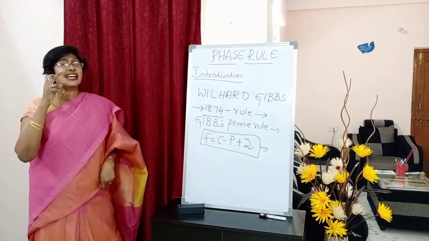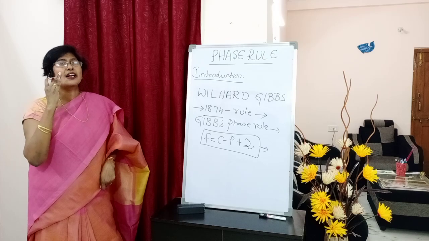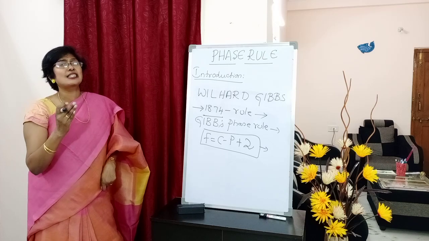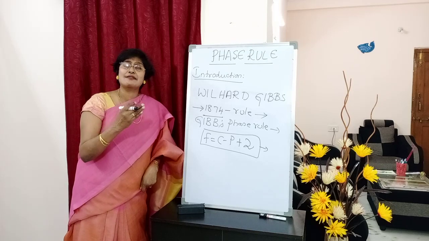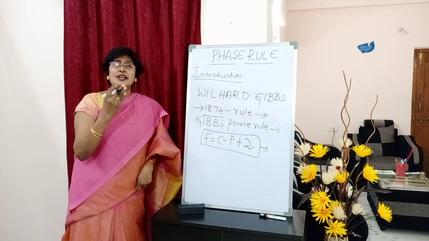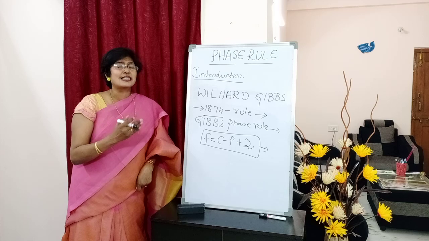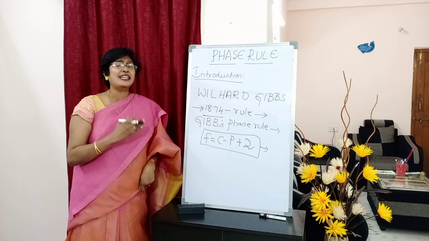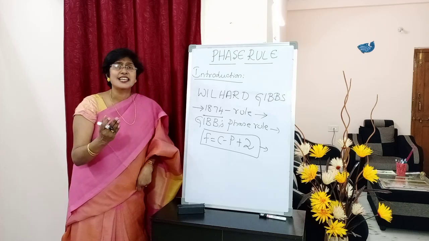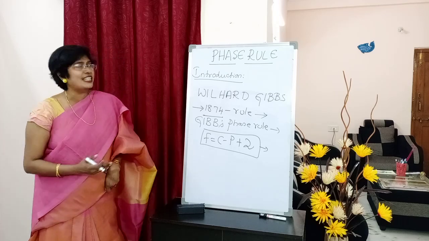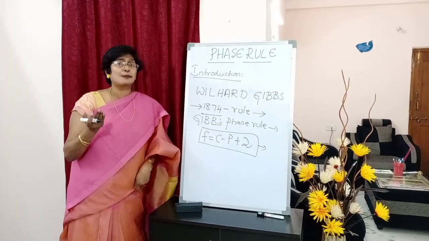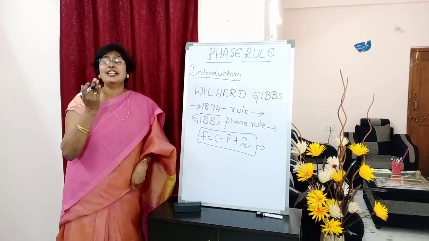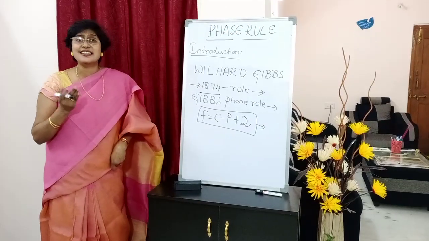Okay, students, I started with the system. What a system is. If it consists of one phase, what is it called? If it consists of more than one phase, what is it called? So heterogeneous system is the system which has more than one phase, that is two or more phases. So in this chapter phase rule, we study about the behavior of heterogeneous systems.